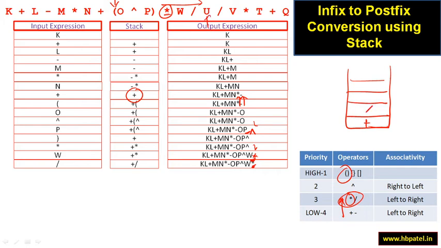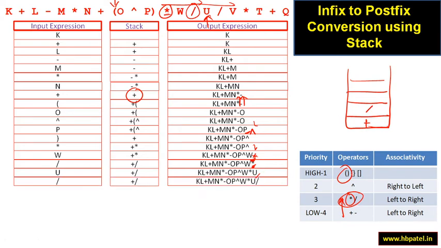Then comes W, so we'll add W because it's an operand. Then comes slash. Now can I add slash over here? No. Why? Because slash and slash have the same priority, but if we go from left to right, the left slash has higher priority. So this is to be popped. I'm going to pop this slash and then this slash is added. So it would look similar to that.